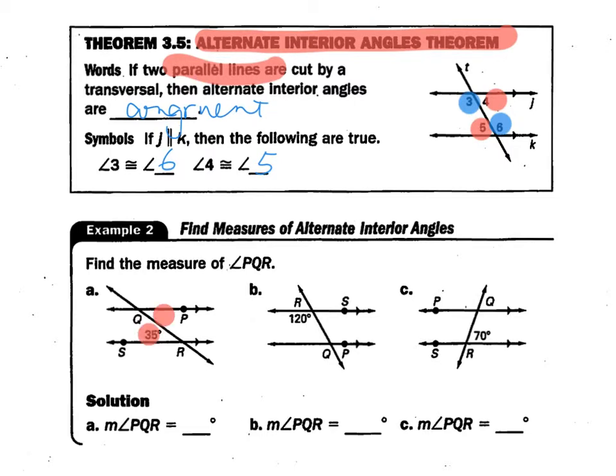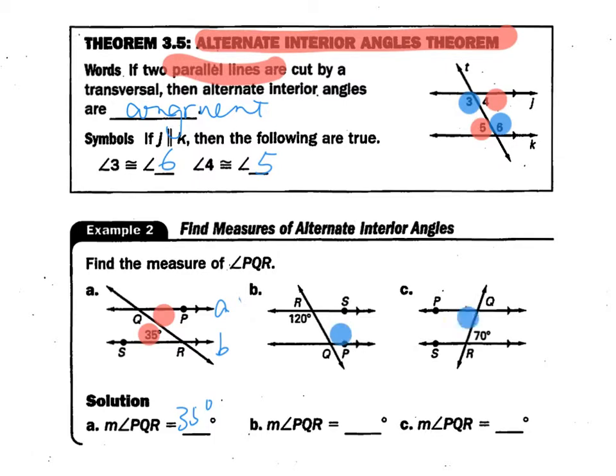And because PQR and 35 degrees are alternate interior angles, and also because line A and line B are parallel, let's call the top line A and bottom line B, the alternate interior angles must be congruent. So PQR must be 35 degrees. And in this one, PQR is here.